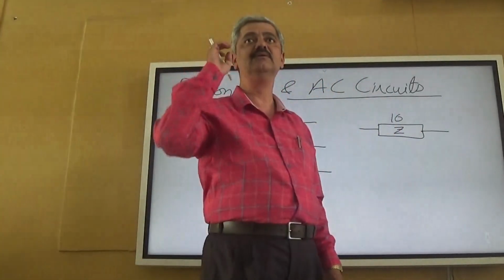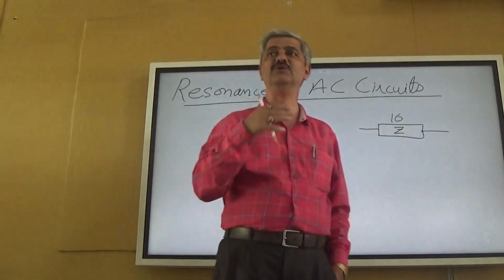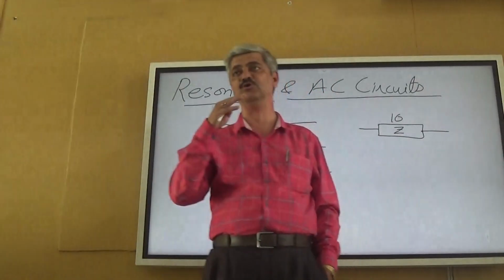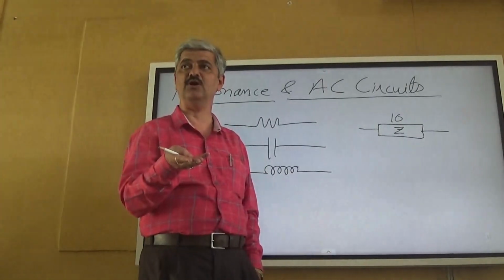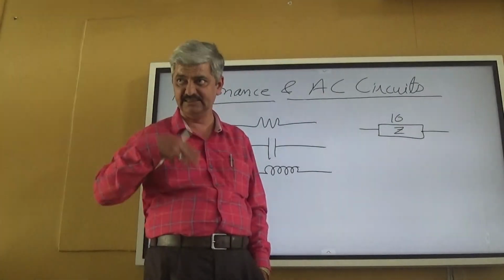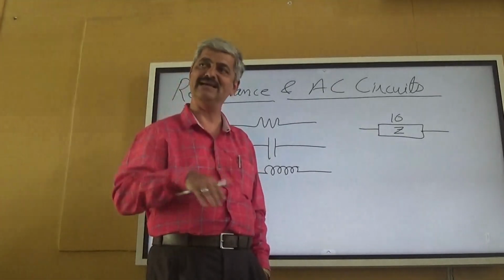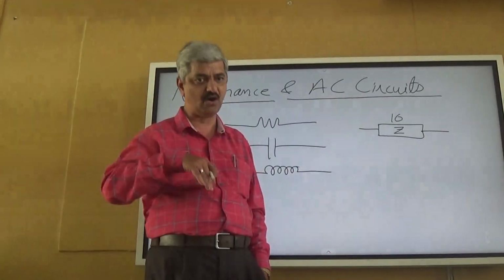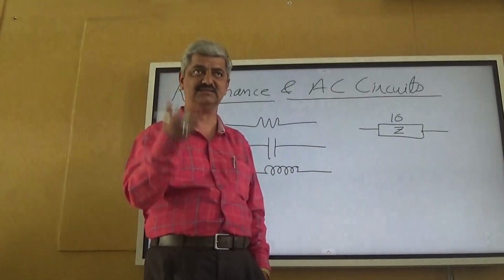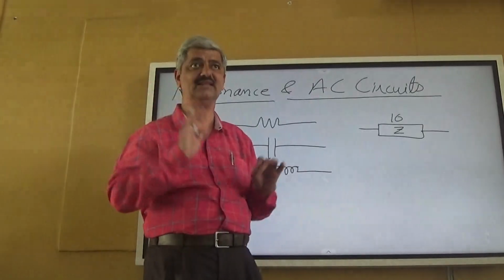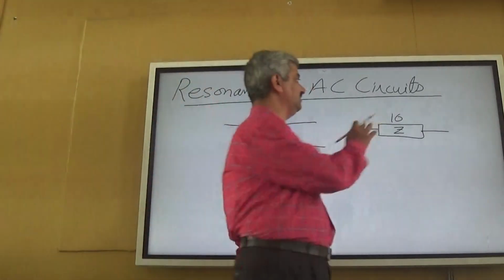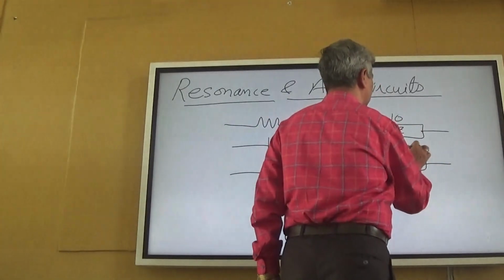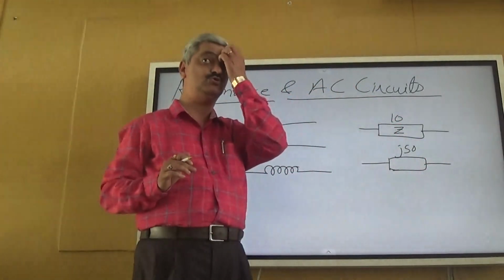Z is a term which is impedance, which can be purely real for a resistor, which can be purely imaginary for either a capacitor or an inductor, or which can be complex, a combination of resistor and inductor, or resistor and capacitor, or resistor, inductor and capacitor. So in general, the term is impedance Z. So it is 10. Then in some other case j50. What does j50 correspond to?